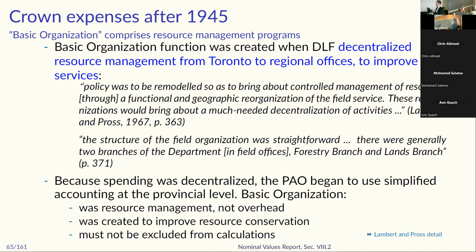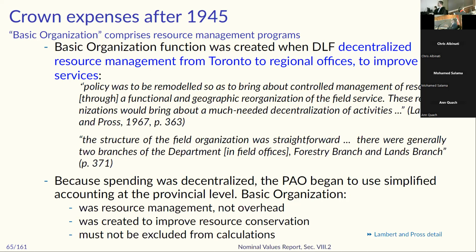So for example, in some years, the PAO indicates the basic organization included parks programs. In other years, it indicates it doesn't include parks programs. Based on information of that type, we're able to develop an estimate of what portion of basic organization was parks in the years in which we know parks was included.